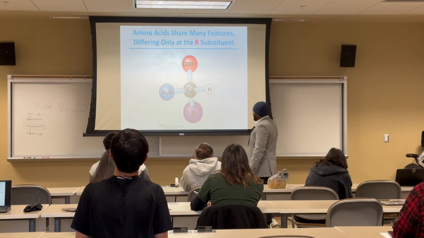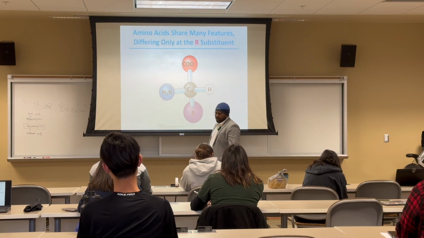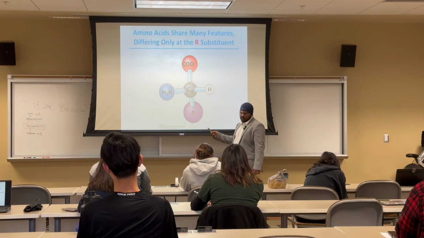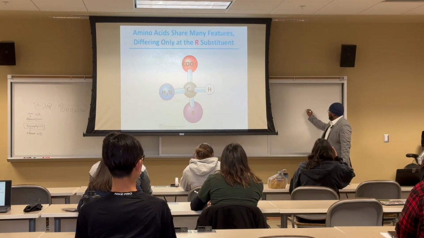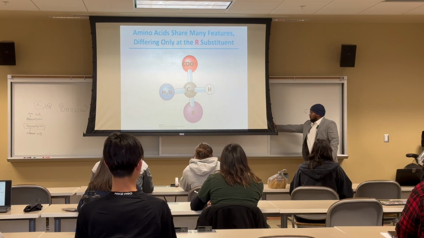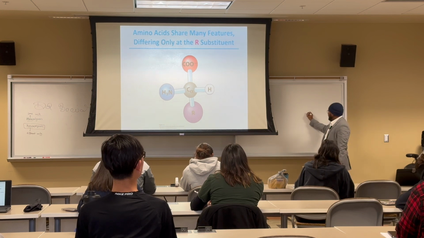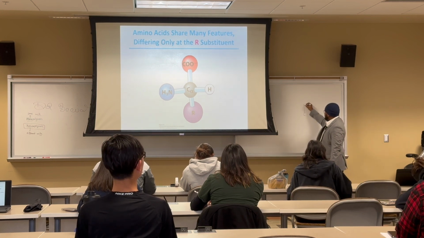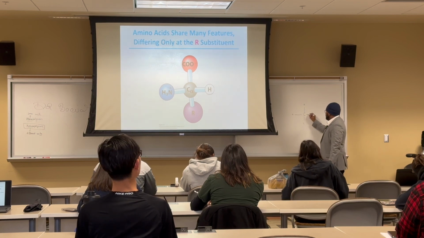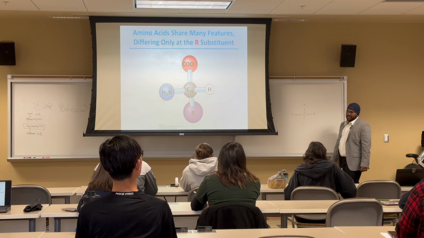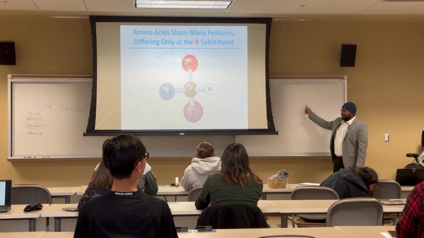You see, this carbon can be called a chiral carbon. I think you might have learned about a chiral carbon, which means basically you have a carbon, and this carbon is surrounded by 4 different functional groups, A, B, C, and D. By A, B, C, D meaning different, I mean they have different functional groups.